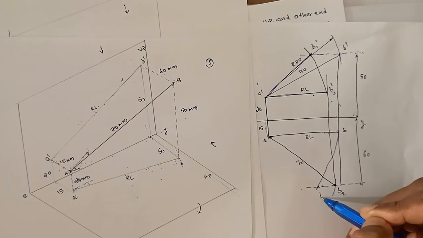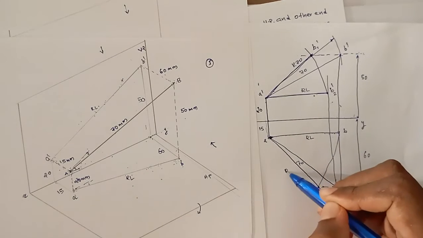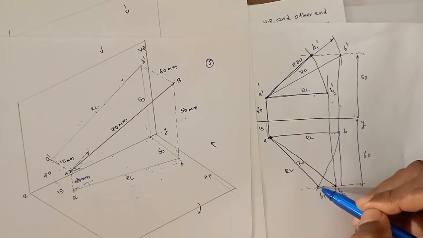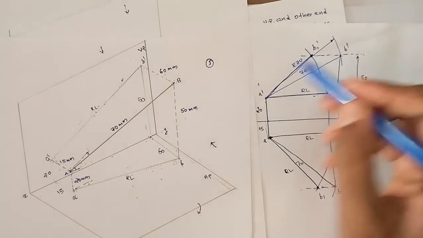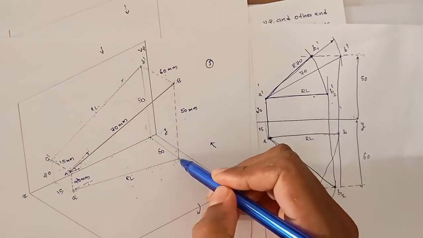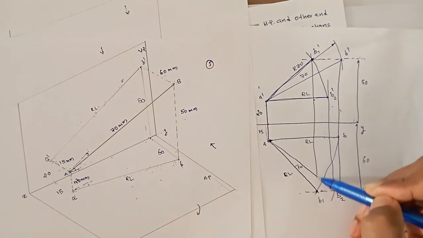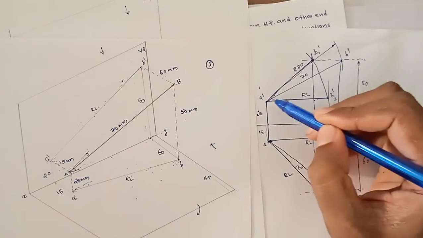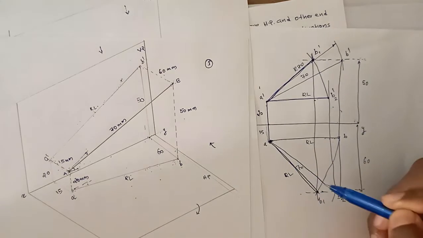This is your B1, your original reduced length. Finally this point and this point must be in a straight line. So if you draw a straight line through both points, this is your original front view and this is your original top view.